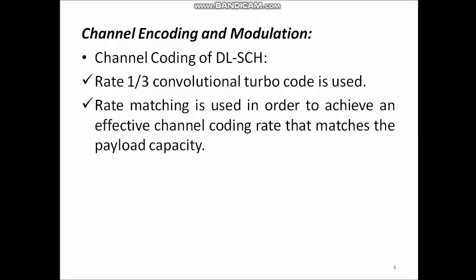And rate matching is used in order to achieve an effective channel coding rate that matches the payload capacity. This rate matching mechanism also we have discussed. It has various steps like subblock interleaving, bit collection, and bit selection steps, etc. So, here also rate matching is used in order to achieve an effective channel coding rate that matches the payload capacity.